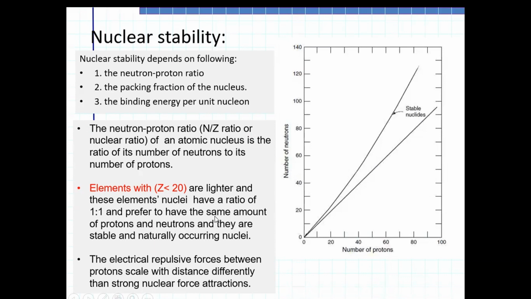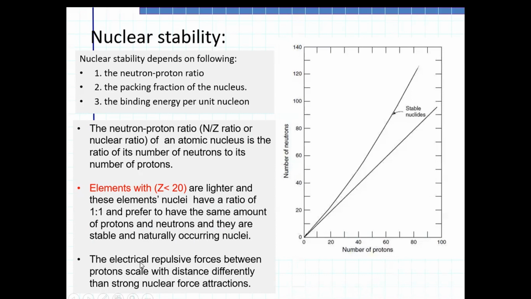So they have the same amount of protons and neutrons, and they are stable, and they are the naturally occurring nuclei.